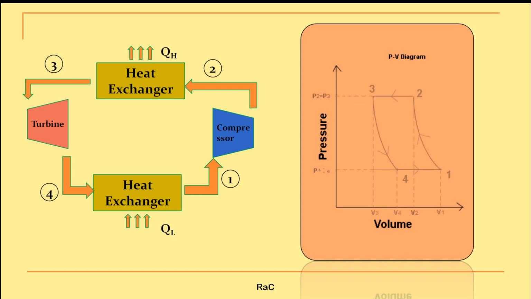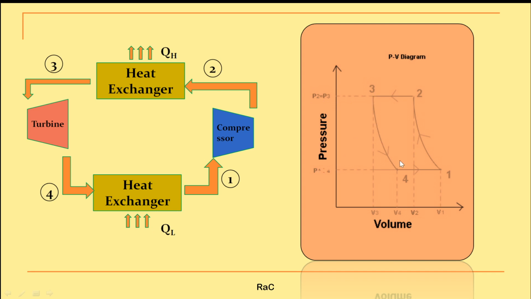So 1 to 2 is the isentropic compression. On a pressure-volume plane, you can see this is a representation of an isentropic process. 1 to 2 is isentropic compression in the compressor. 2 to 3 is performed at constant, higher pressure, P2 equal to P3, which we can say is PH, and this is PL, P1 equal to P4.